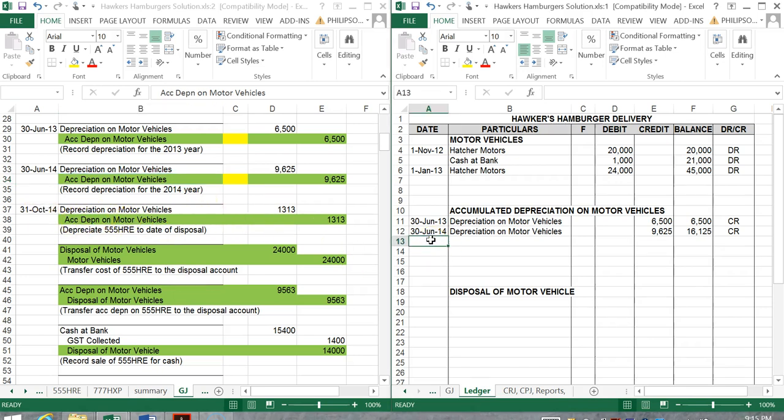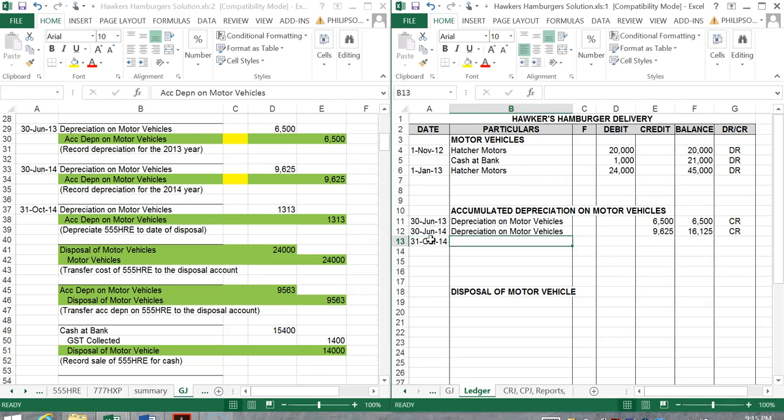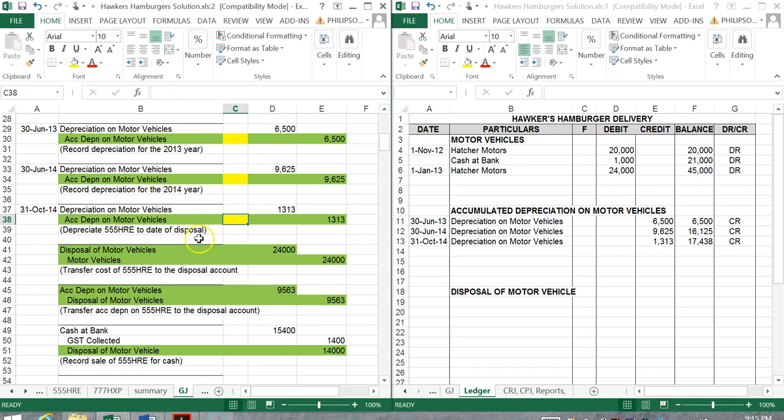Alright, accumulated depreciation of motor vehicles again up until the date of disposal. So this is 31st of October 14. Depreciation on motor vehicles. Credit 1313. Adding a credit to a credit. So add those together. Credit. Okay, disposal of motor vehicles, debit.